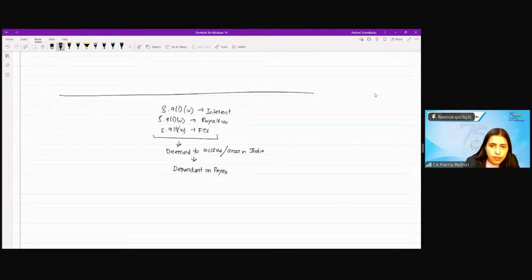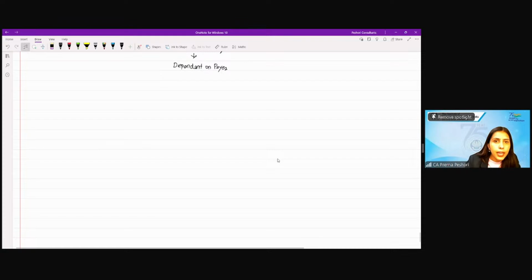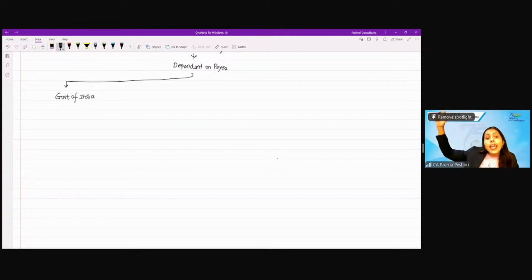So if the payer is the government of India, the interest, royalties, FTS shall be deemed to accrue or arise in India automatically. Remember, who is the payee that we are talking about?